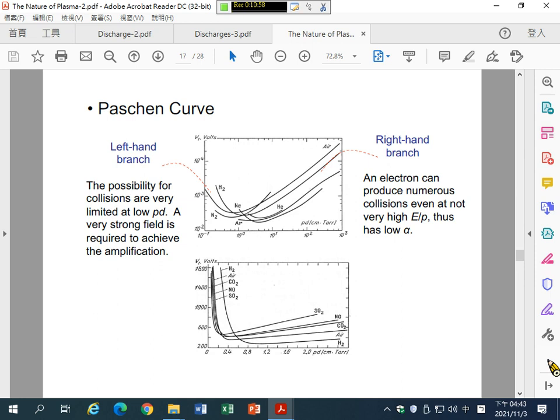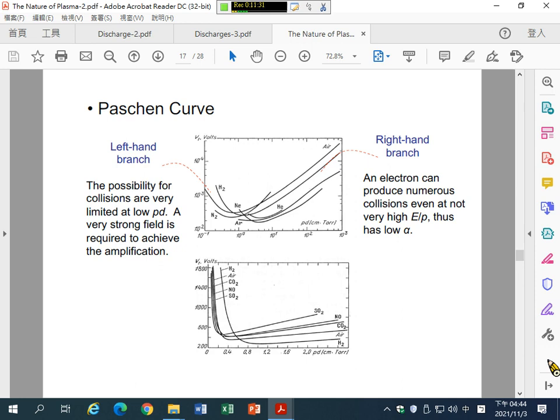For this part, if the distance D is fixed, this means a low pressure region. In a low pressure region, if you want to generate plasma, you need a higher applied voltage, so that the electrons can gain more energy within the fixed distance, because the electrical field is high.